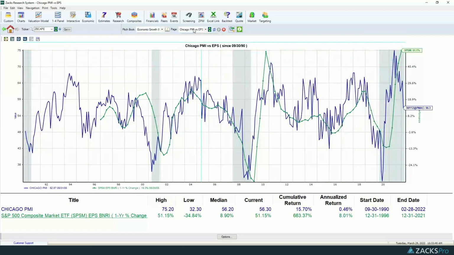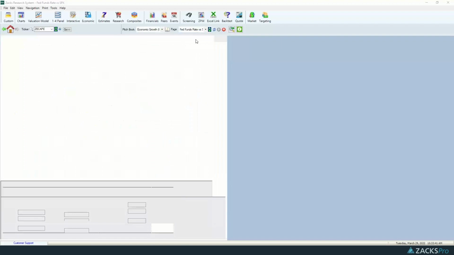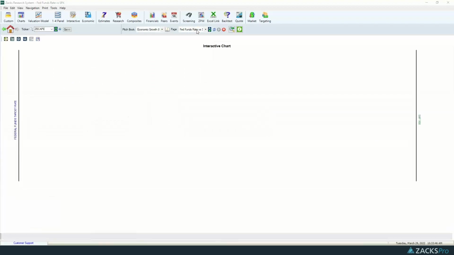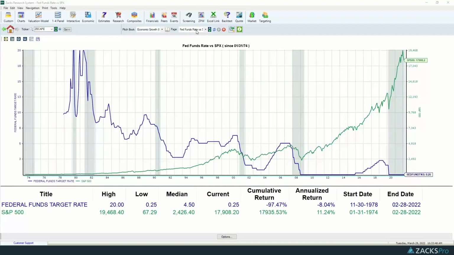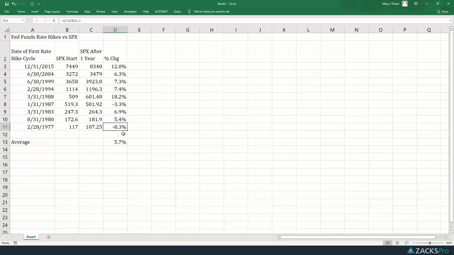So overall, I would not fear rate hike cycles. Just in conclusion, Fed rate hikes really do not have a very good track record of predicting, say, a negative return on the S&P. We've had only 2 times that has occurred. One of them is very mild. So really only one time in the last 50 years where we had a sizable decline in the market.